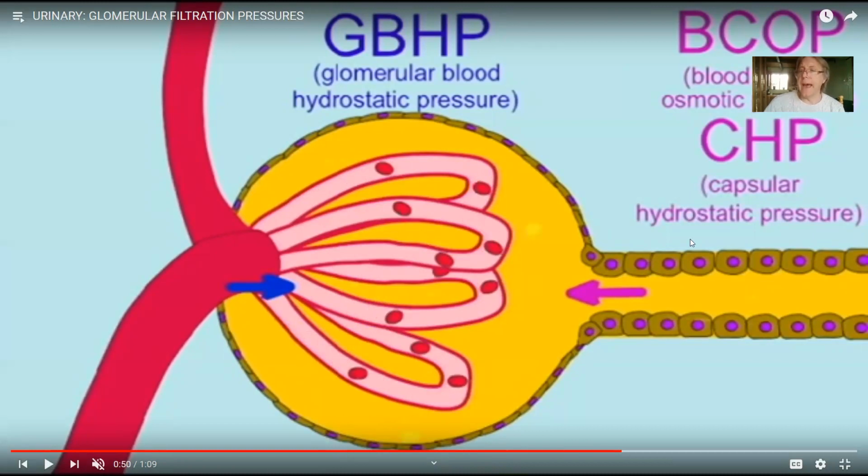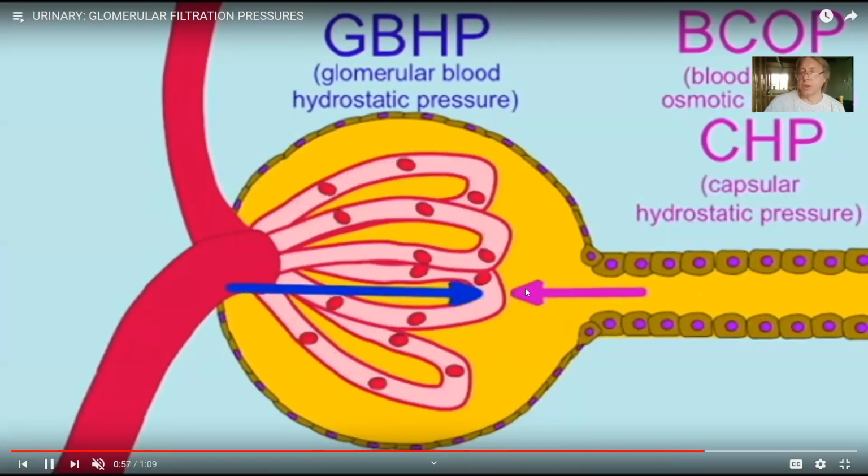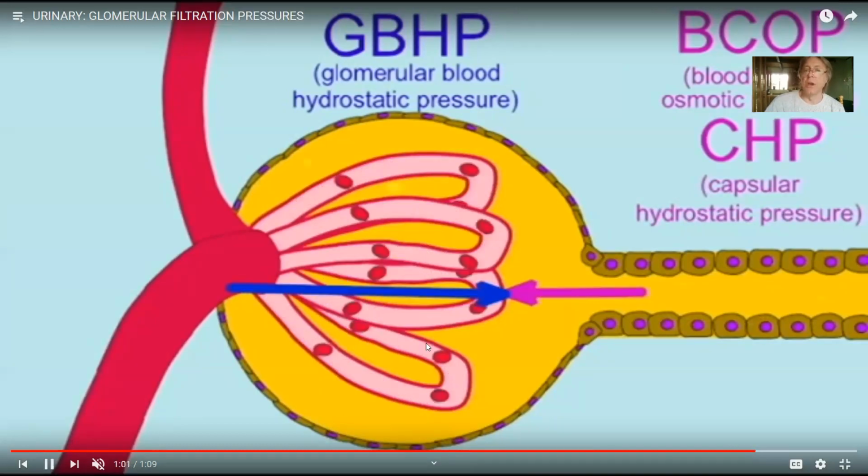But then also a capsular hydrostatic pressure. If there is already fluid in this capsule, that would resist more fluid leaving the capillaries to join it. And so there is one outward pushing force, two resisting forces. When the outward pushing glomerular blood hydrostatic pressure exceeds the other two, then blood can be filtered, filtrate is made, and then urine can be made.